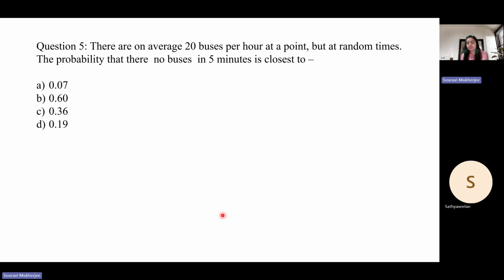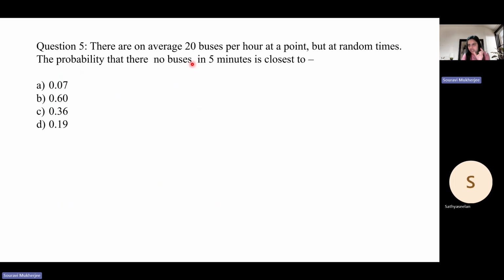So I can say that we have to use the Poisson distribution in this question. But what do we need in the Poisson distribution? We need the number of events that we are talking about. We can very well understand that for no buses, the number of events, m, that we were talking about, is zero for this question. Another thing that we need is the probability of occurrence of that event, right?